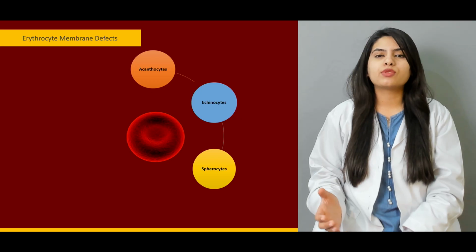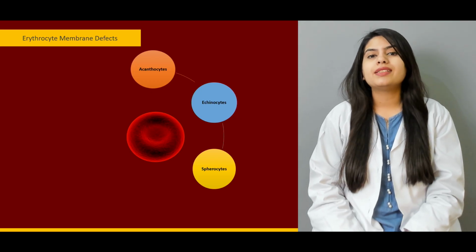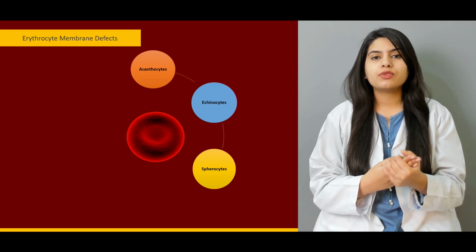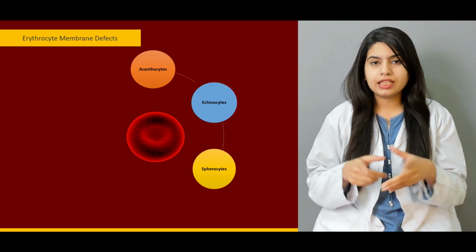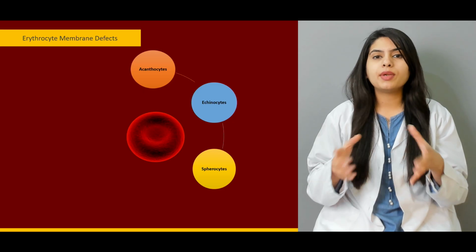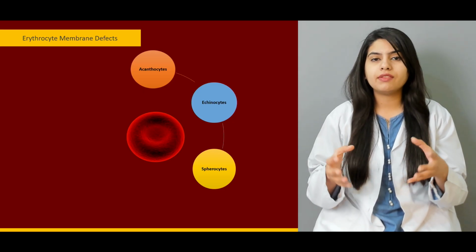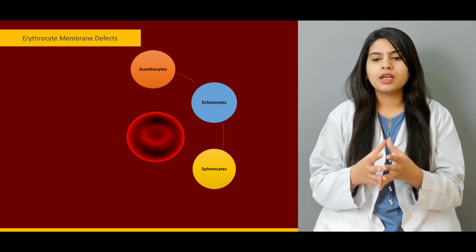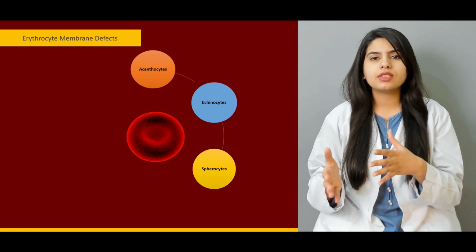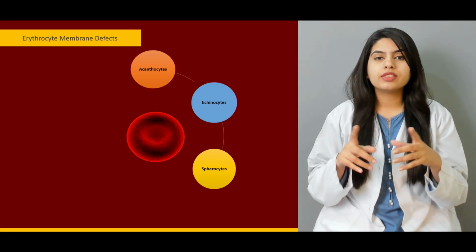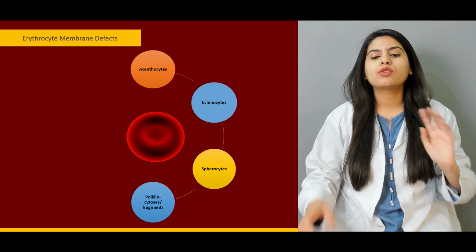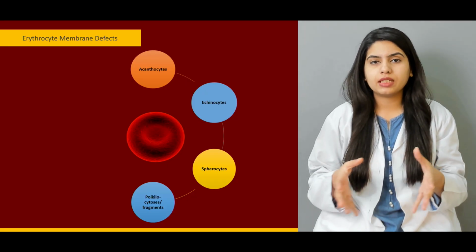Then come the spherocytes. Whenever there is spherocytosis, there is formation of these spherocytes, which are basically spherical in nature. Normal red blood cells are biconcave and have a disc-like shape, but in spherocytosis the shape is more spherical. Then poikilocytes are the fragments.